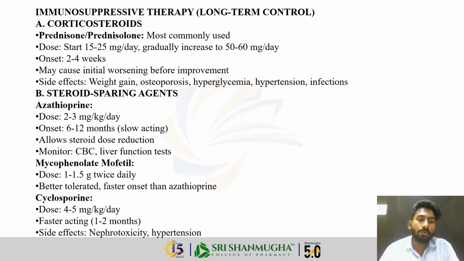Then cyclosporine, at a dose of 4 to 5 mg per kg. It is fast acting, with onset in 1 to 3 months, and its side effects are nephrotoxicity and hypertension.